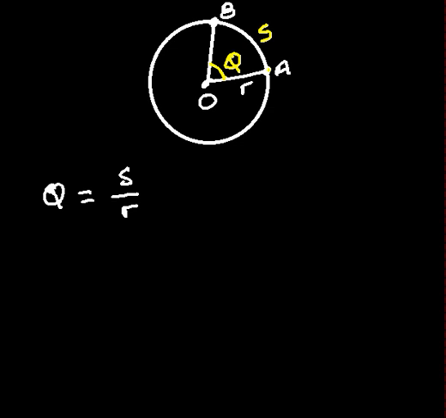But now let's assume that the object has traveled from point A all the way back to the same point A. If that is the case, then we say the object has traveled along the whole circle.